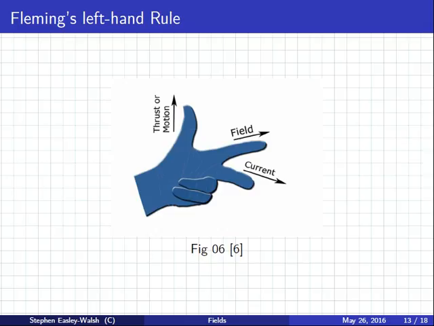For example, if the field goes into the board, and the current is moving to the right, which way will the force be moving? There'll be an up force on the particle. What if the magnetic field is moving towards you, and the current is moving towards the door? Which way will the force be?